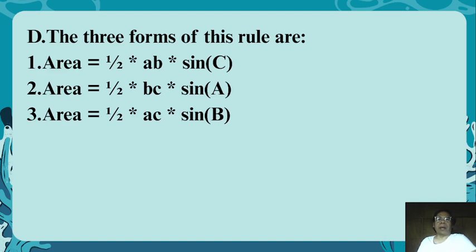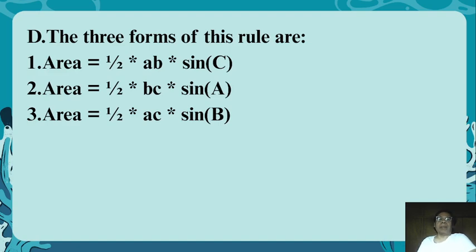The three forms of this rule are: area is equal to 1/2 times small letter a times b times sine of angle C. Take note that small letters a and b are the sides of our oblique triangle, and angle C, in capital letter, is the included angle of side a and side b. So take note of that formula.